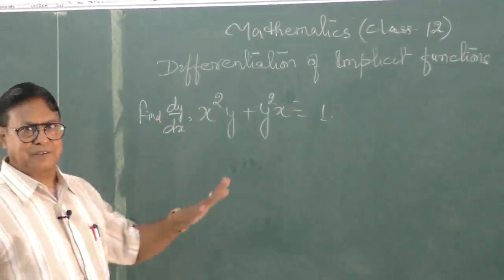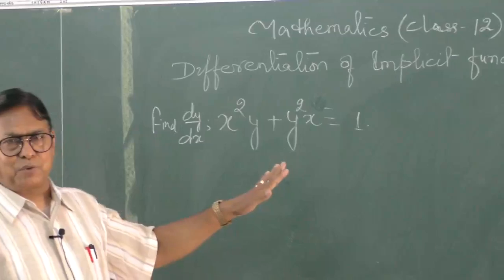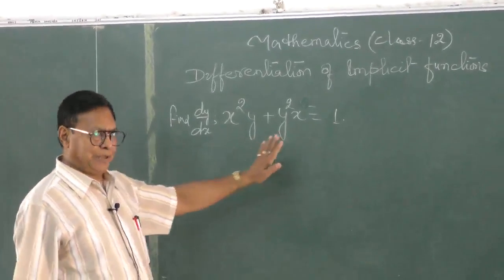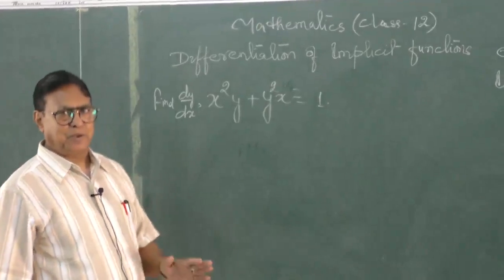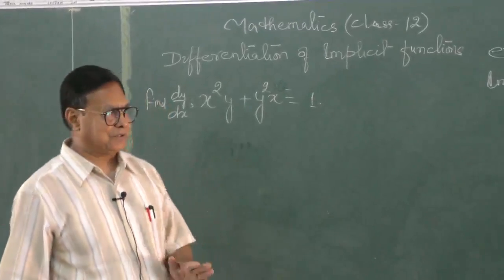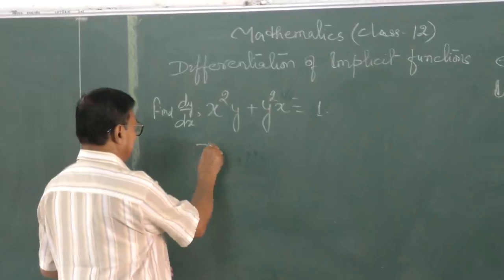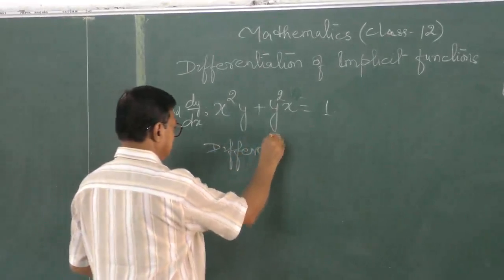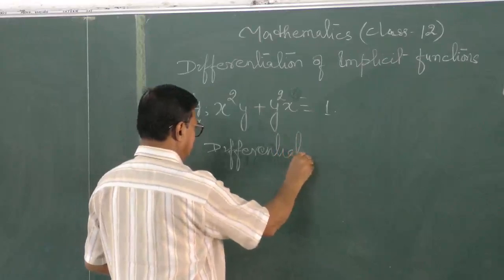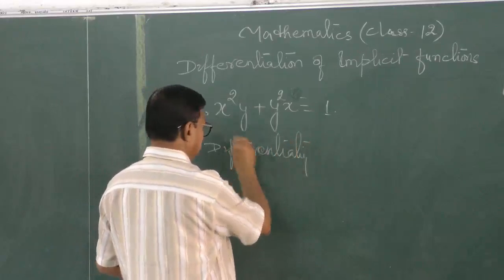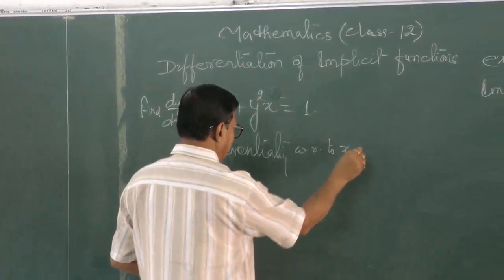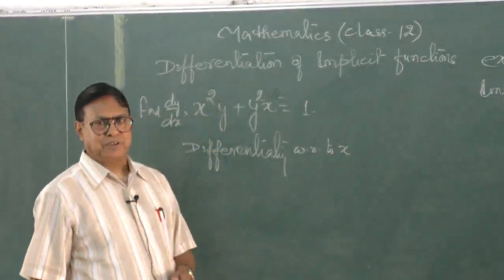Supposing this is given, x square y plus x y square equal to 1, and it says find dy by dx, which means we are differentiating with respect to x. So, we have to write here, now differentiating with respect to x.